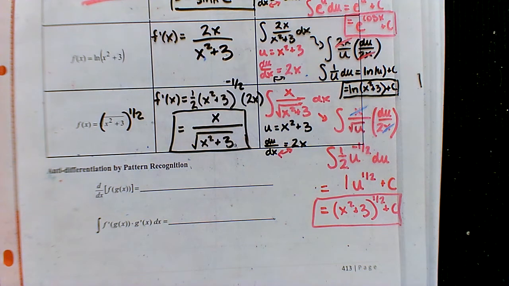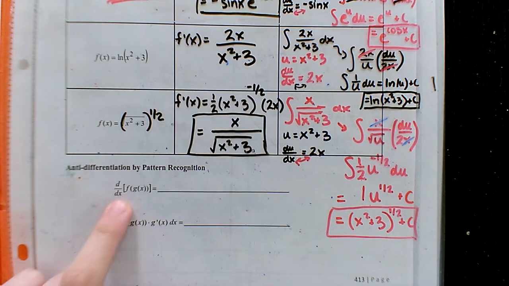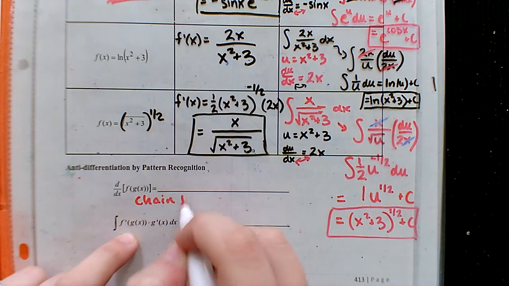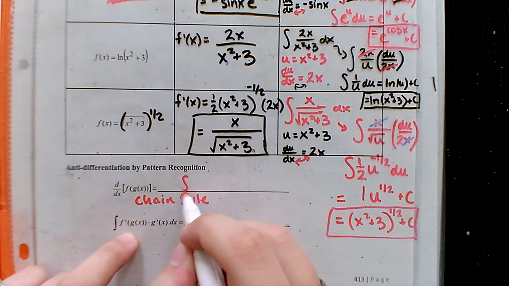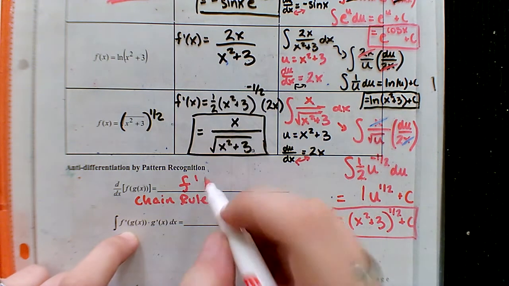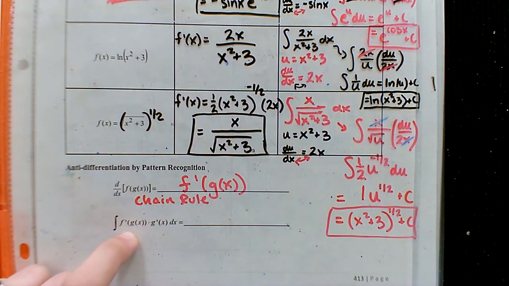But it all hinges upon identifying what that inside stuff is. Just as a mathematical representation, if we were to take the derivative of a function inside of another one, this is when we would use the chain rule. We would need the derivative of the outside, which we can represent as f prime. Make sure we keep the inside function.